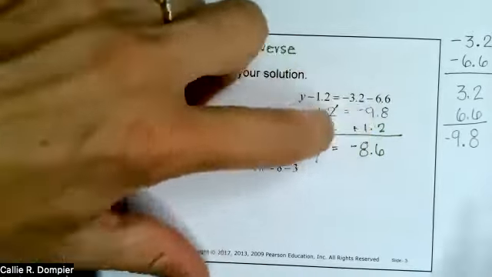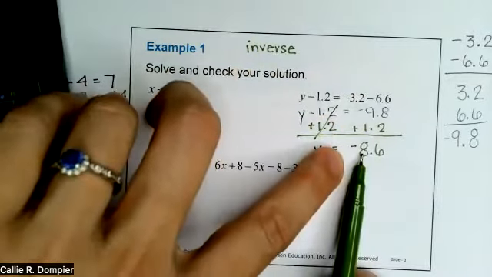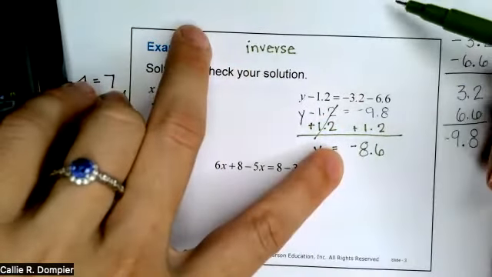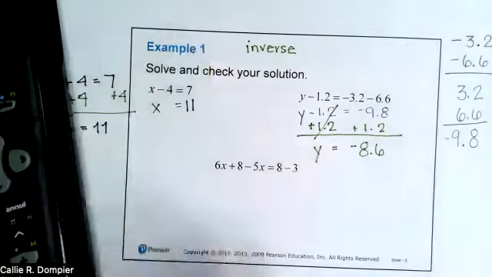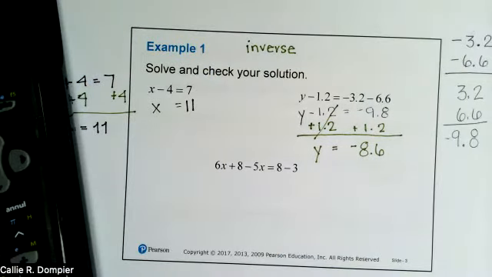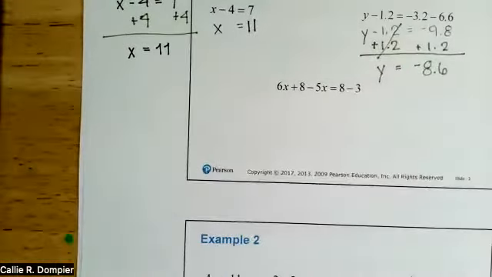You can leave it lined up, but your sign is going to be negative, okay? Don't put a positive below the negative. Keep the sign negative. Good? Questions?